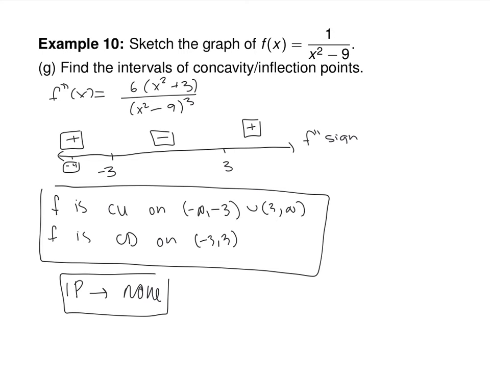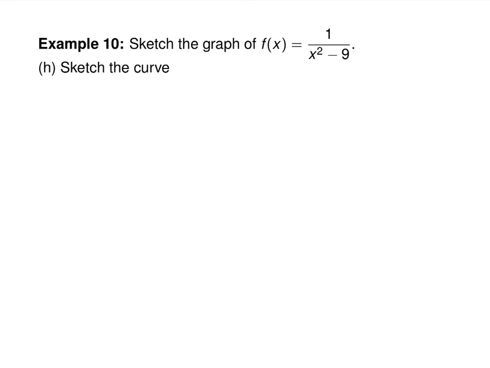Okay, sketch the curve. Attempt to draw straight lines. Okay, so you have vertical asymptotes at positive and negative 3, so let's just sketch those in.